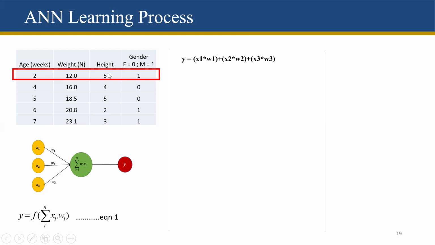And our x3, which is going to be this height, multiplied by a randomly generated weight. So over here, the values are what I have them over here. And the ones I have in red are those randomly generated.